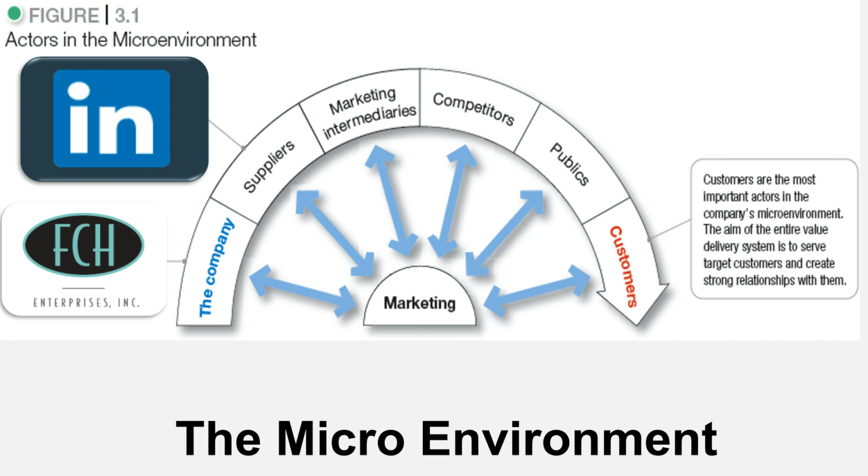So I can take a guess at who some of the suppliers are. But I also know that Zippies is very integrated with them because I can see those relationships on LinkedIn. And those are key in order to, at the end of the day, have a good delivery system to serve our target customers and create a strong relationship with them.